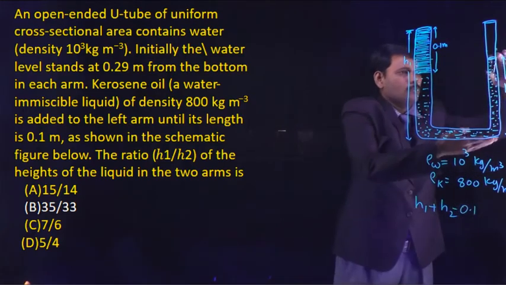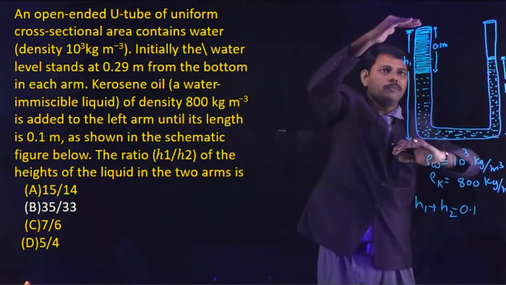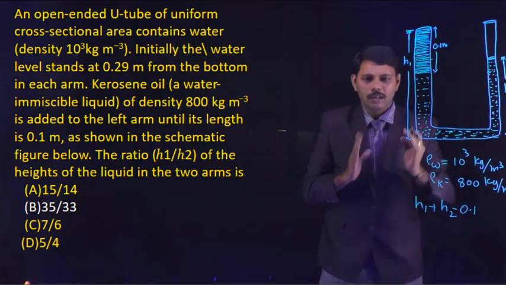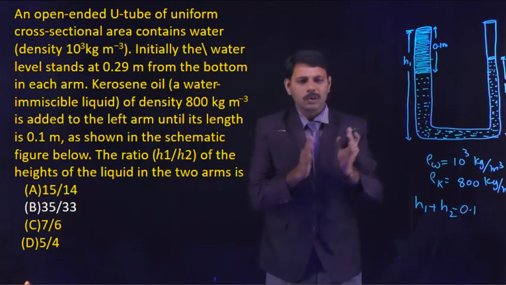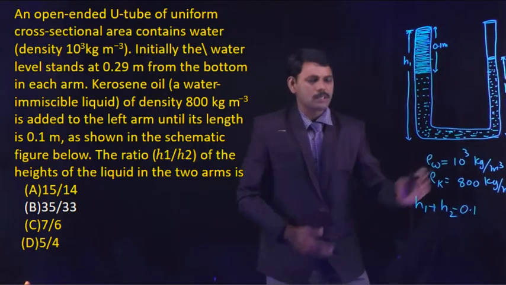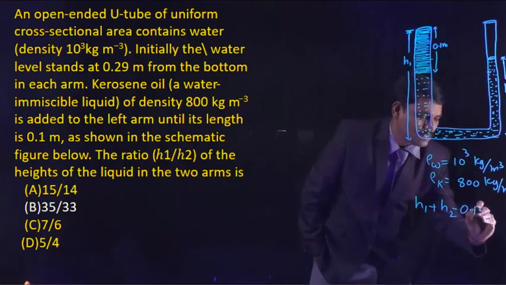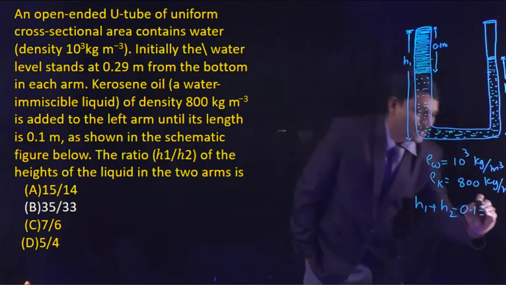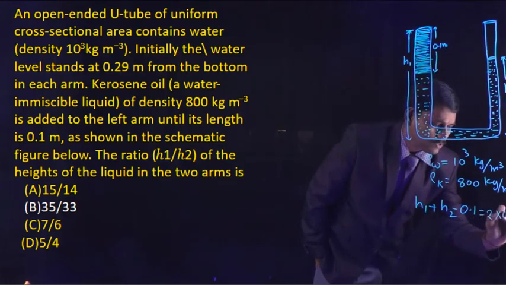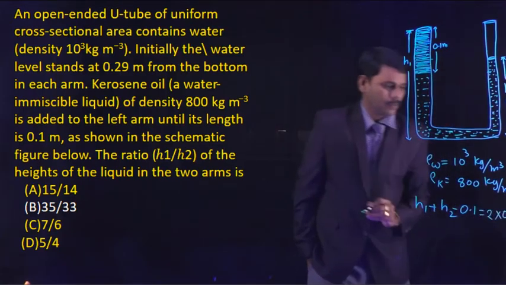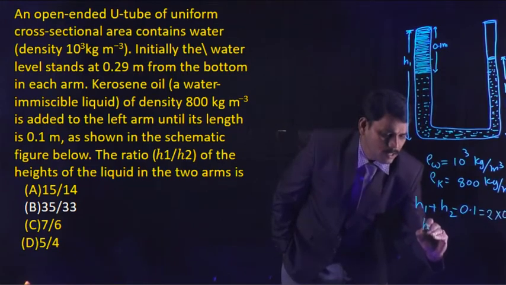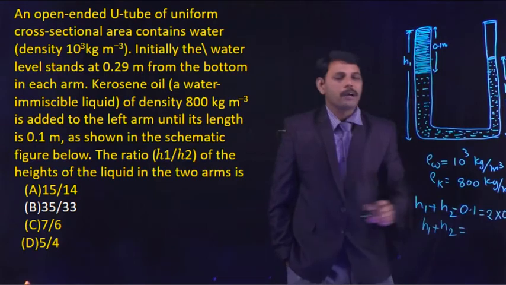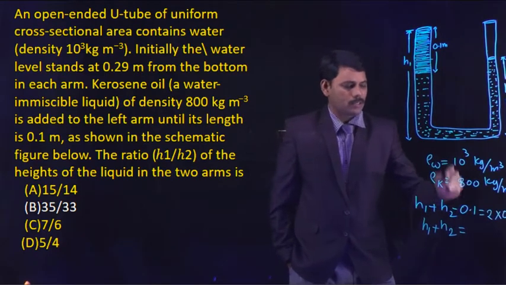H2 is from the bottom to this position, H1 from the bottom to the top. H1 plus H2 minus the kerosene length gives exclusively the total length of the water column. So H1 plus H2 minus 0.1 is equal to the total length of water, that is 2 into 0.29. So H1 plus H2 becomes 0.58 plus 0.1.